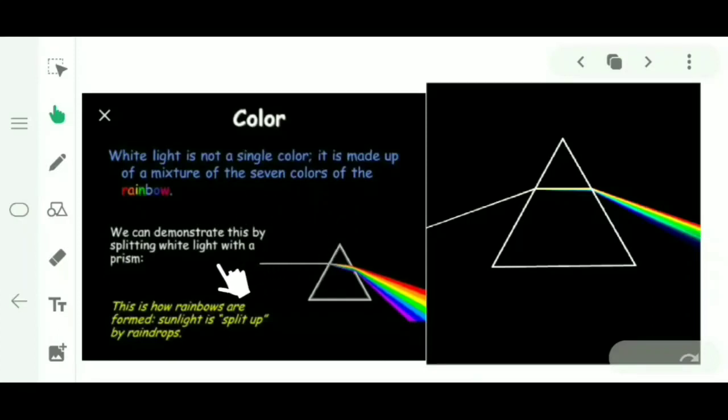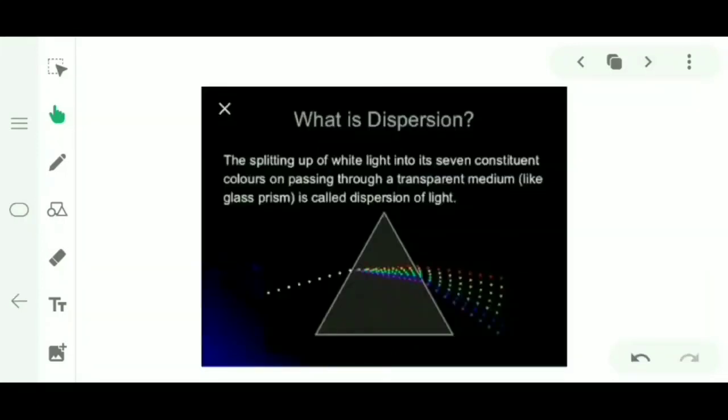In the figure you can see clearly that when the white light passes through a prism, due to this triangular shape, it will split into 7 colors. Got that? So here we can conclude what dispersion of light is: the splitting of white light into its 7 constituent colors on passing through a transparent medium like a glass prism is called dispersion of light. I think you all have understood that.